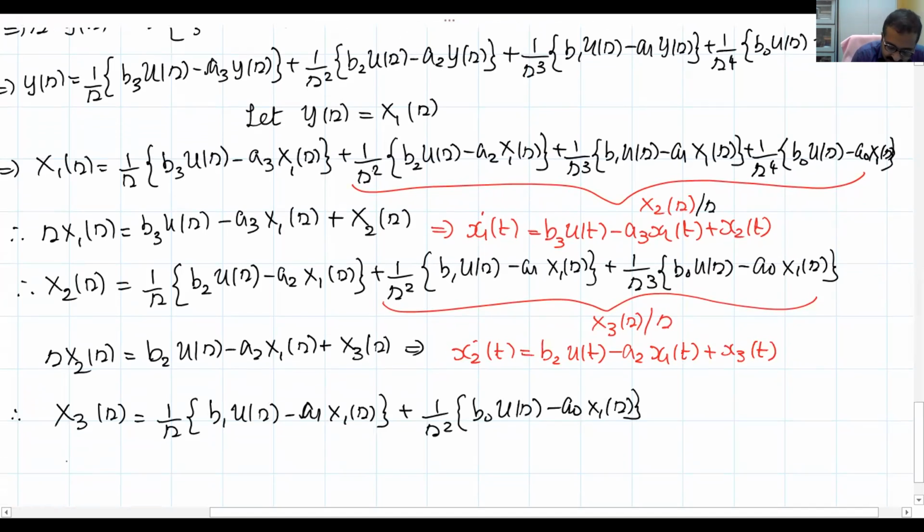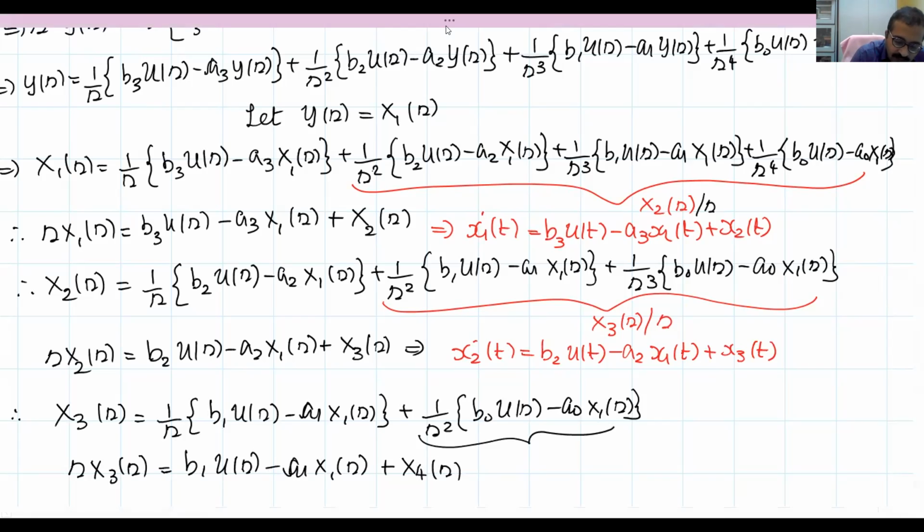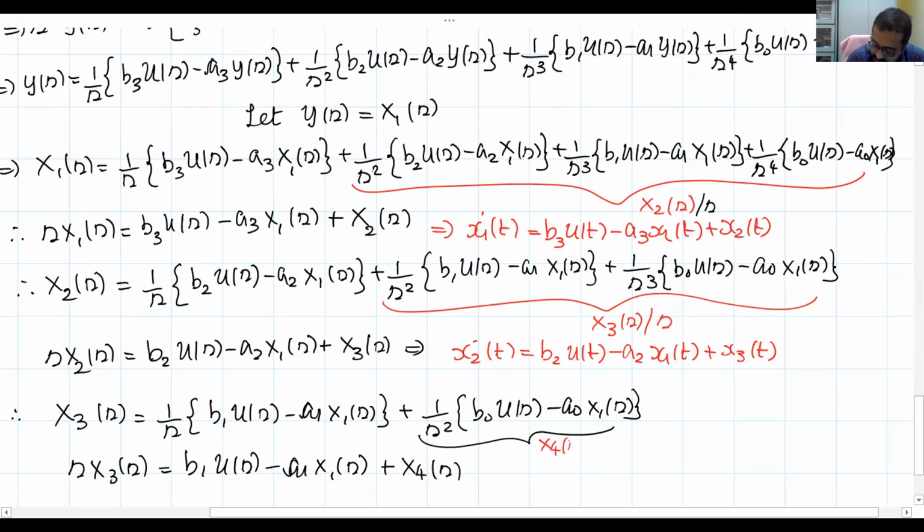Okay, so if you multiply throughout with s, s x3 of s equal to b1 u of s minus a1 x1 of s plus x4 of s. This is nothing but x4 of s divided by s. So from here we get x3 dot t equal to b1 u of t minus a1 x1 of t plus x4 of t.